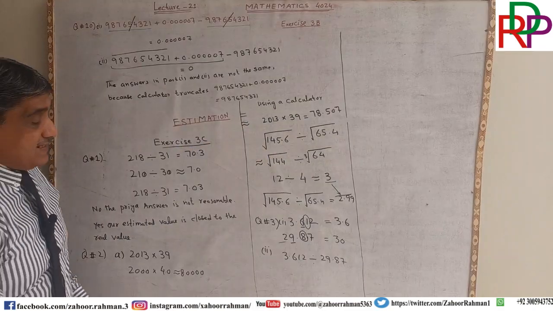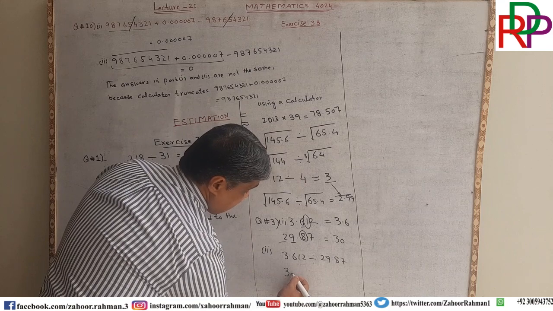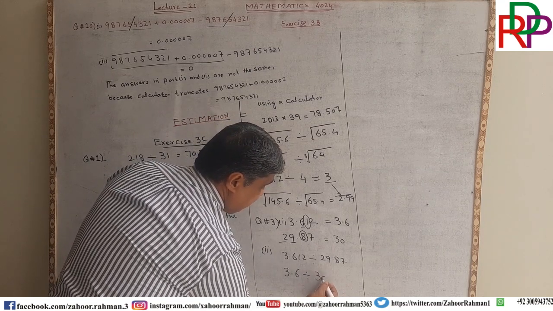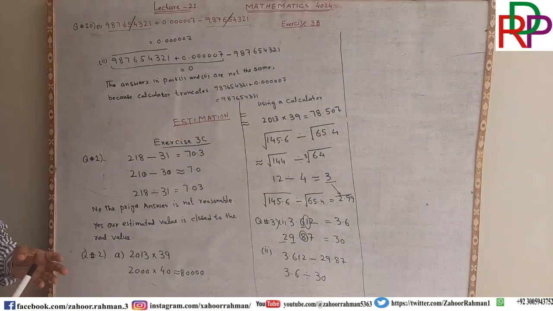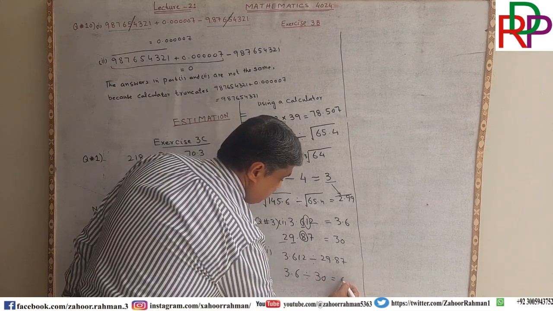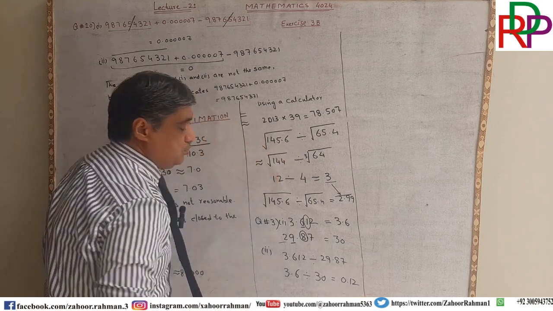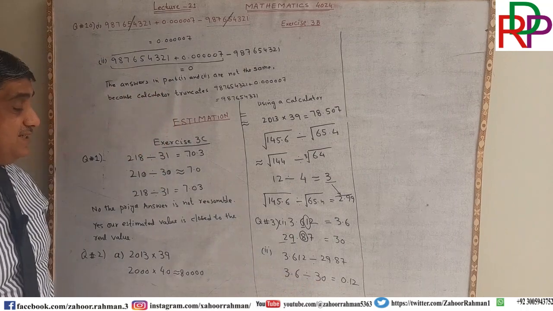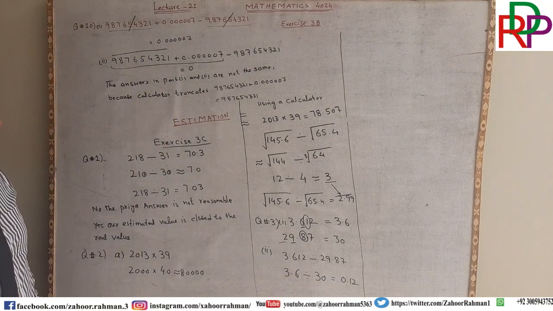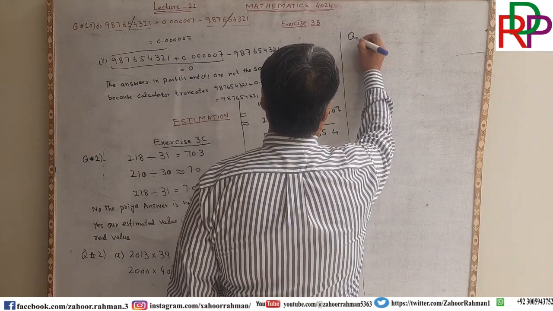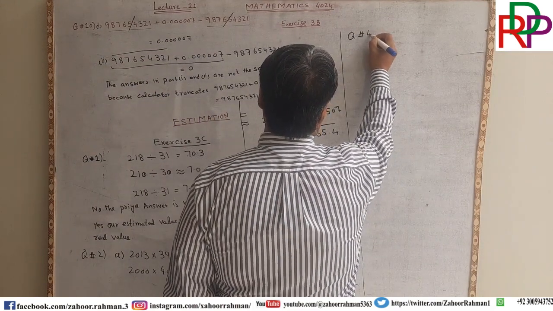So we are saying 3.6 divided by the estimated value 30, and that will be equal to 0.12. When we divide 36 by 30, we are getting 1.2, so 3.6 divided by 30 is 0.12. Now we are turning our focus to question number 4.